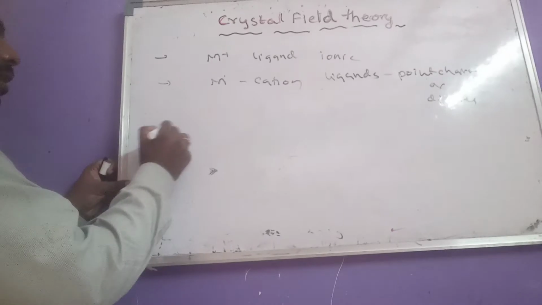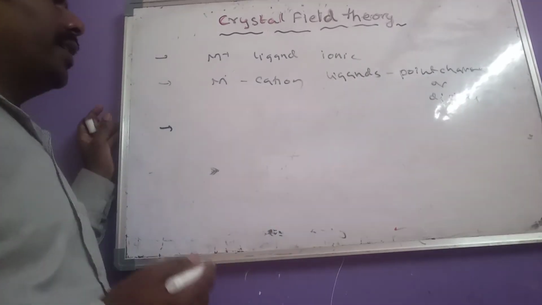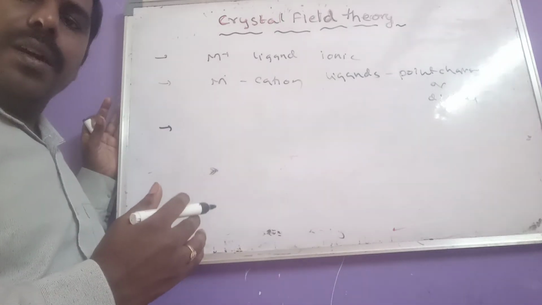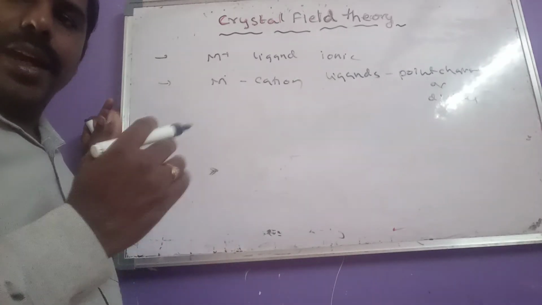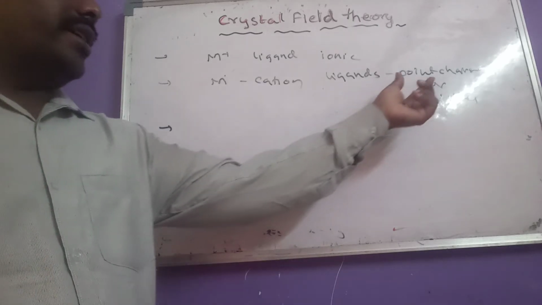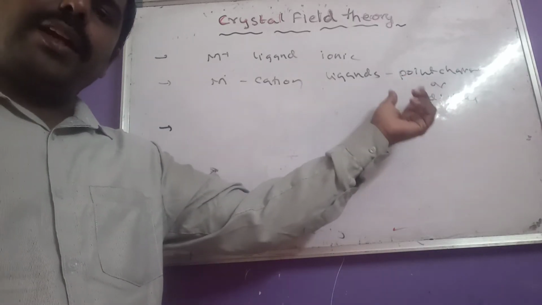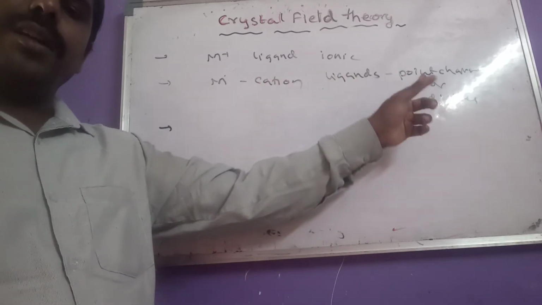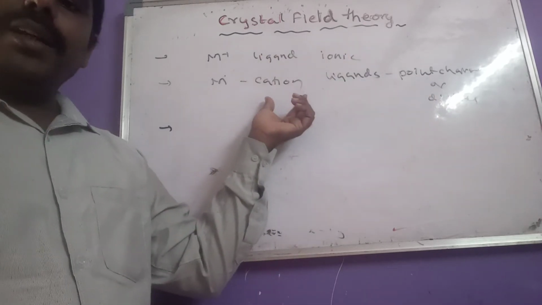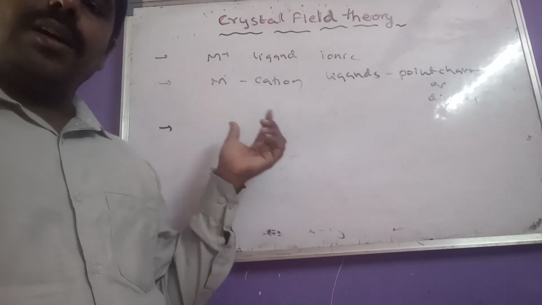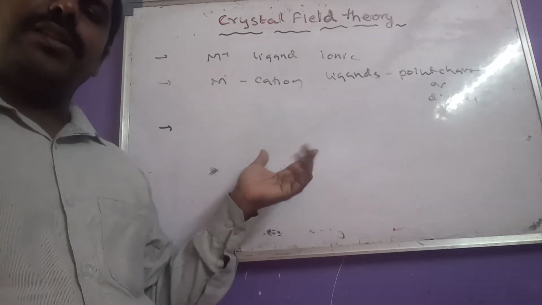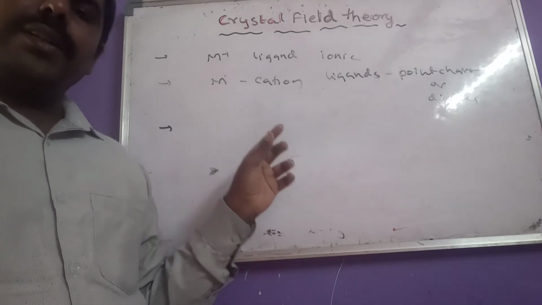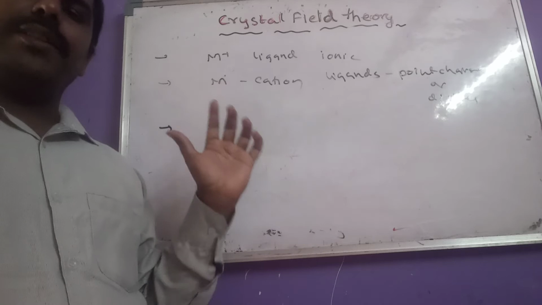Now here, in the presence of ligands, the d orbitals of a metal atom may not stay degenerate, because the ligands are considered point charges indicated with negative charge. So in the presence of lone pairs of electrons or negative charge, the degeneracy of the d orbitals of the central metal atom gets disturbed, and splitting of d orbitals takes place.